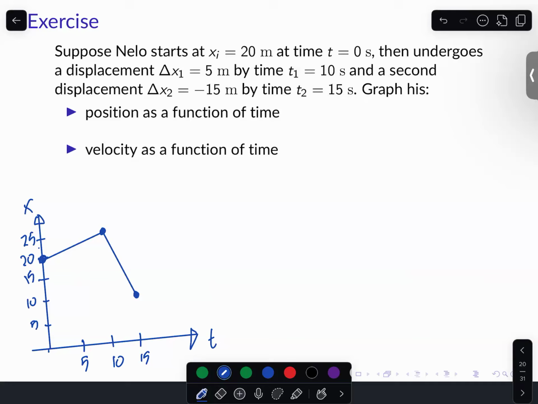So if I start at 20 and walk 5, where do I end up? After how many seconds do I get there? After 10 seconds, I've walked 5. Ding, ding, ding, ding, ding. Good.